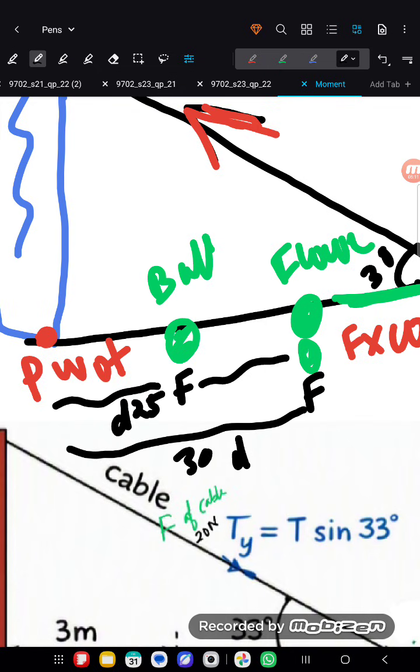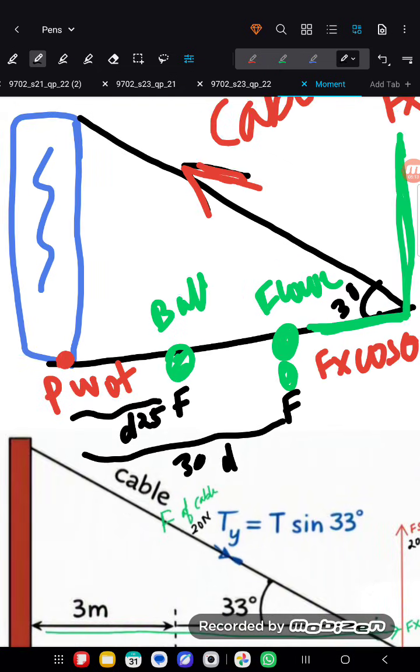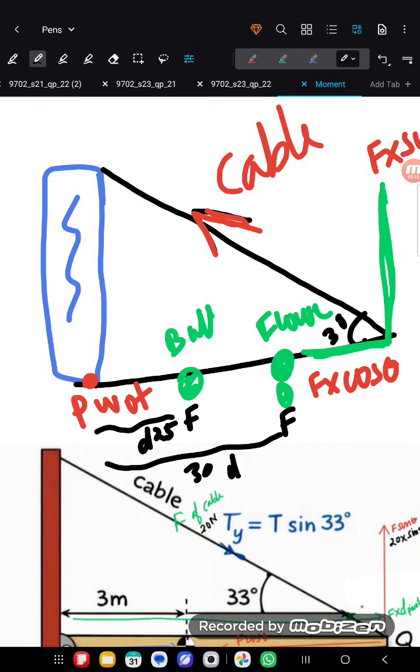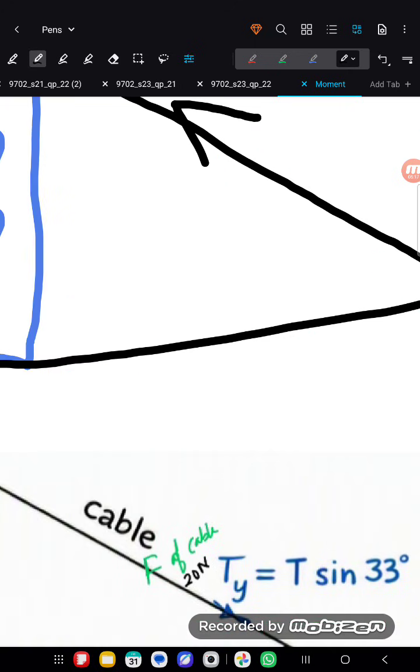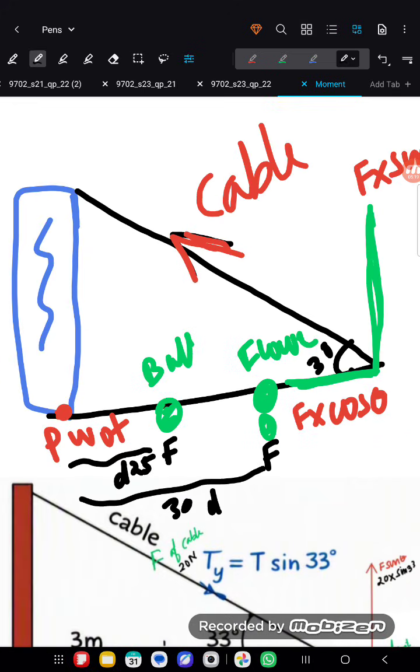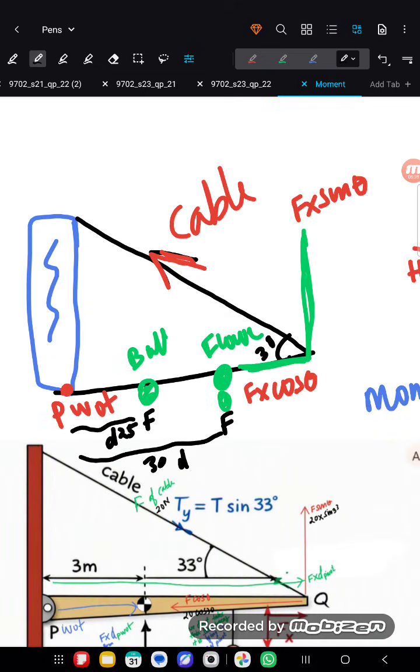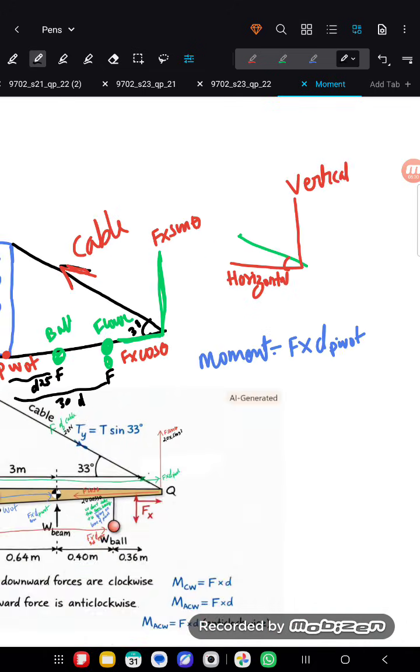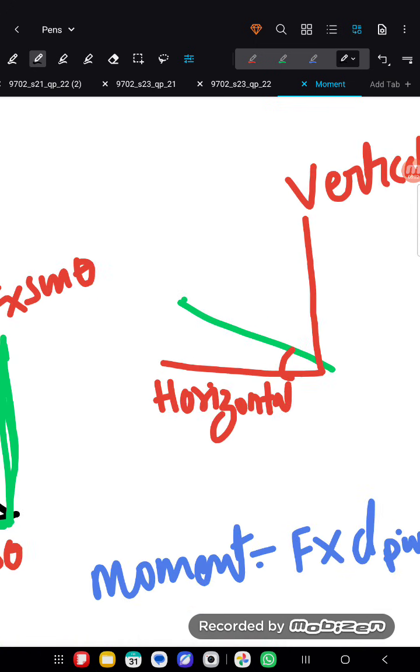So I guess you should know. Again I am repeating, in this type of question you should know where the pivot point is, and they will give you some force here and there, and they will ask you to find the force of weight or something, whatever.